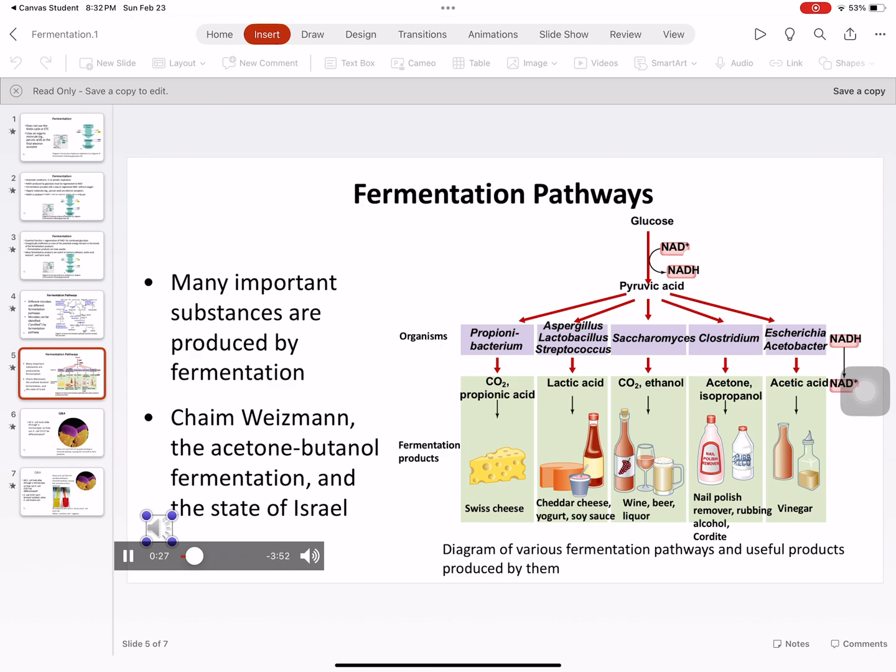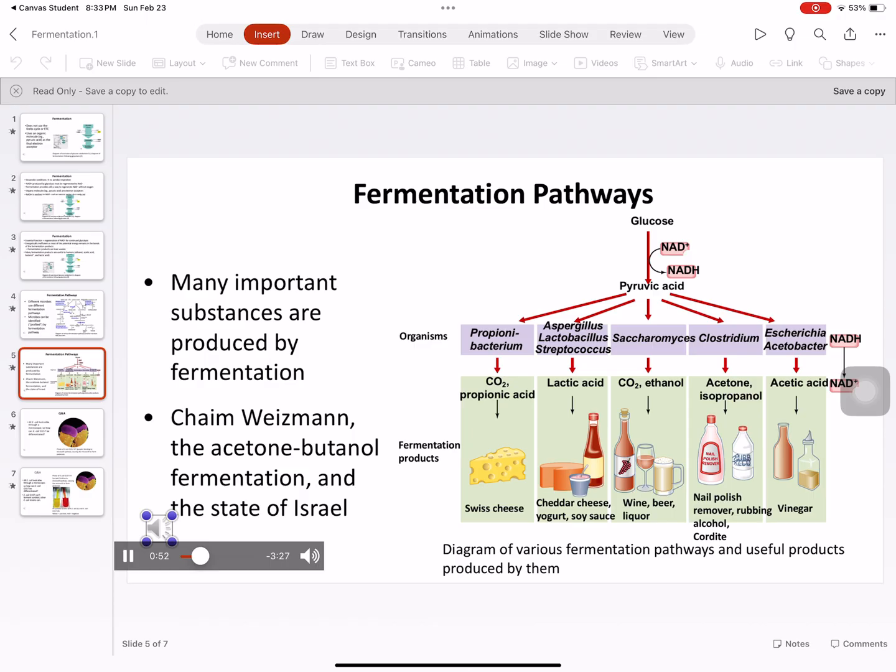For instance, Propionibacterium does the propionic acid fermentation, and that's used for making Swiss cheese. So the carbon dioxide that's produced in the fermentation makes the holes in the Swiss cheese. The propionic acid gives the Swiss cheese its characteristic flavor and ammonia.